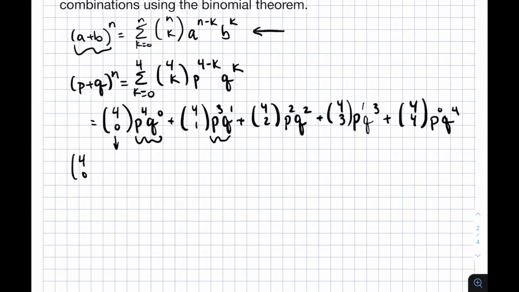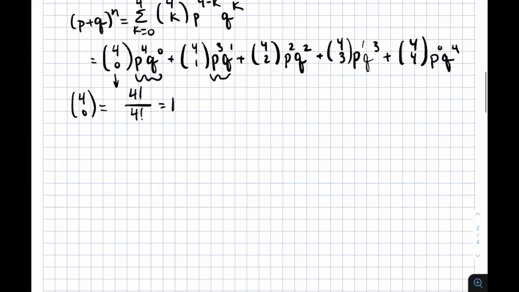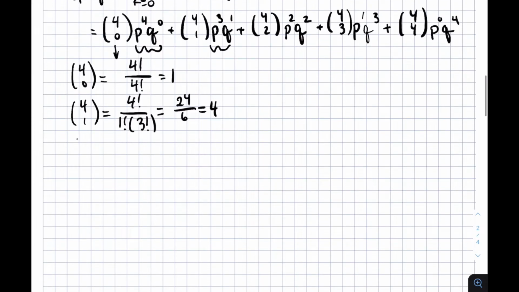So 4 choose 0 is 4 factorial over 4 factorial, which is 1. 4 choose 1 is 4 factorial over 1 factorial times 3 factorial, which is 24 over 6, which is 4.